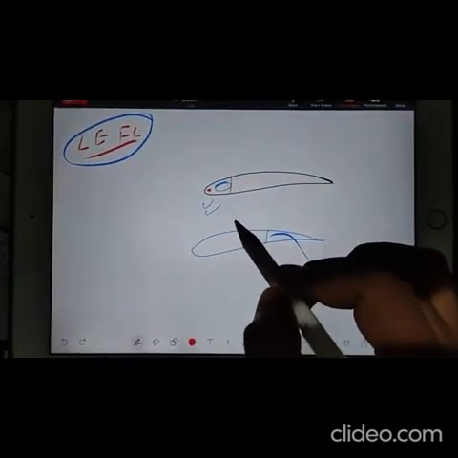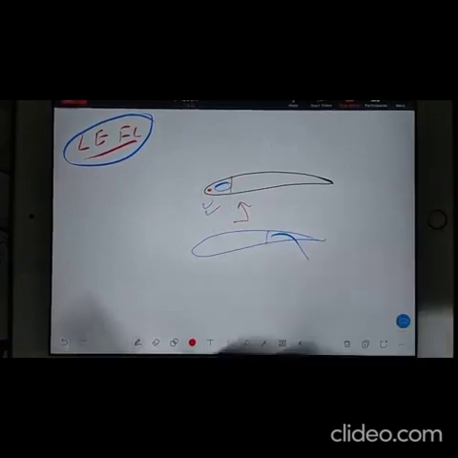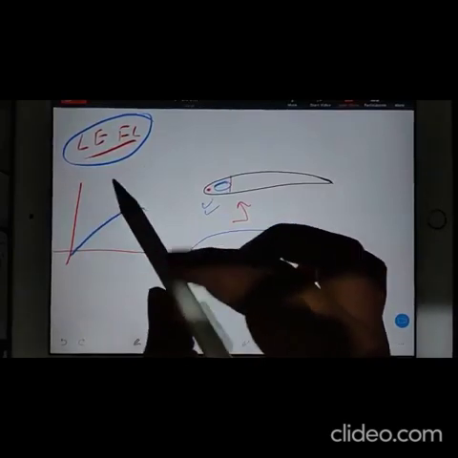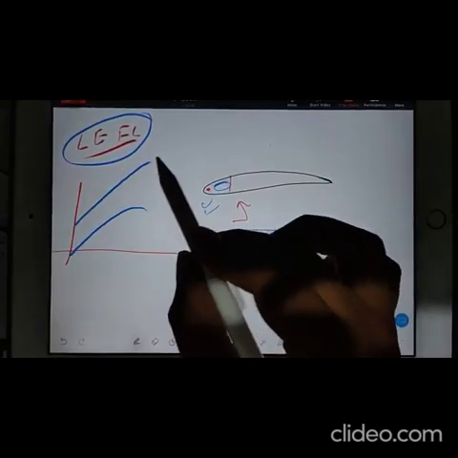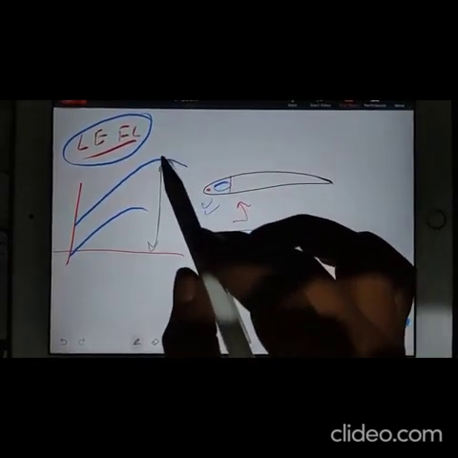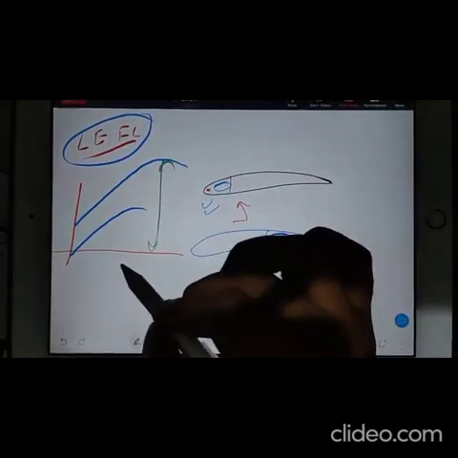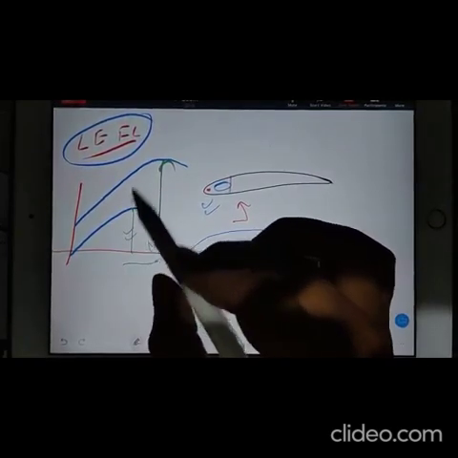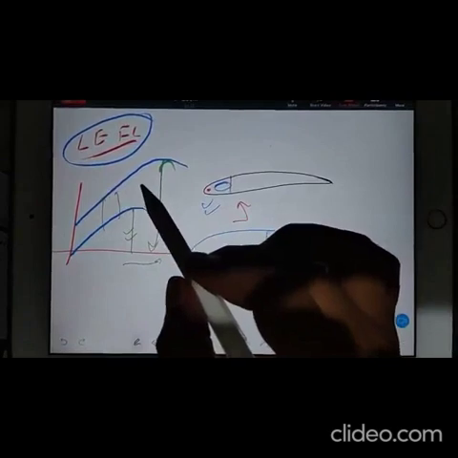So in case of leading edge flap, your graph will go, if this is the normal, then this will be your leading edge flap. Like your angle of attack will increase at which you will stall as compared to this. You are getting extra lift. But what are the causes?